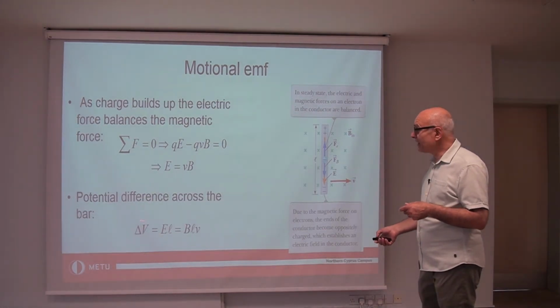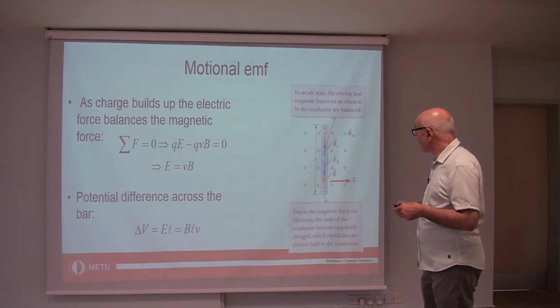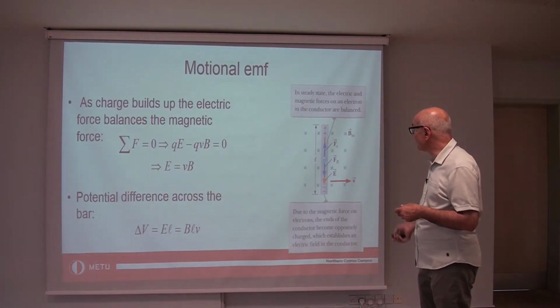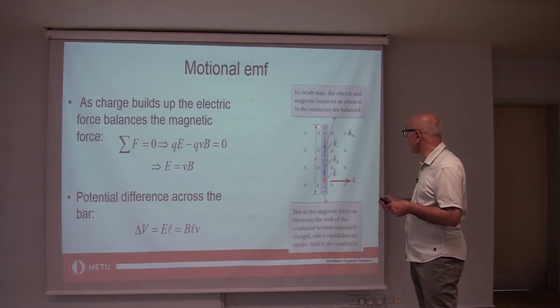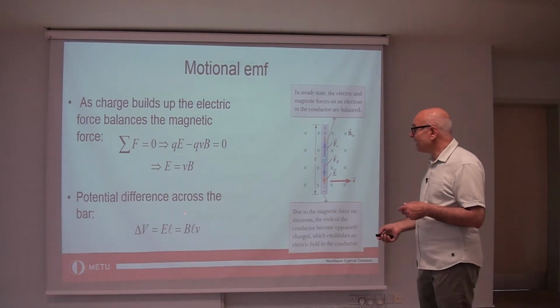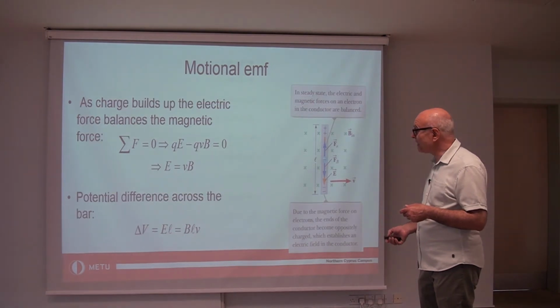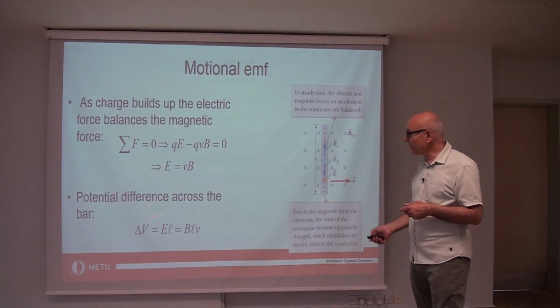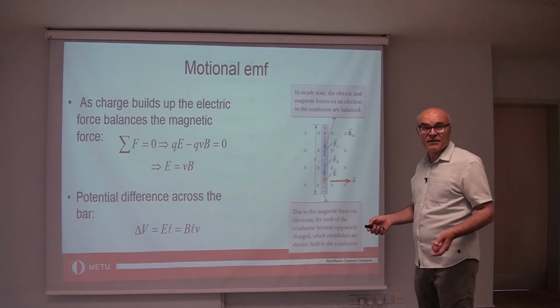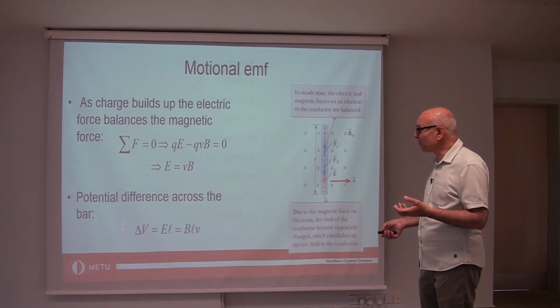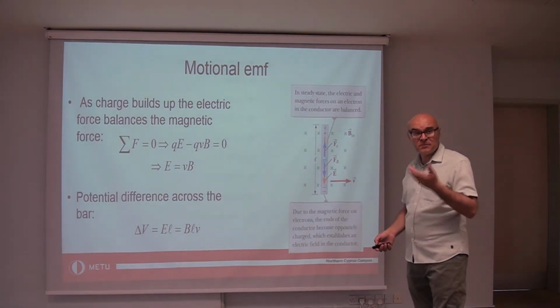So you can see that this delta V, the potential difference that builds across the two ends of the bar, depends on the magnetic field and the speed with which this bar is moving, as well, of course, as its length. And this tells you that the reason why this potential difference built up is actually the magnetic field present.